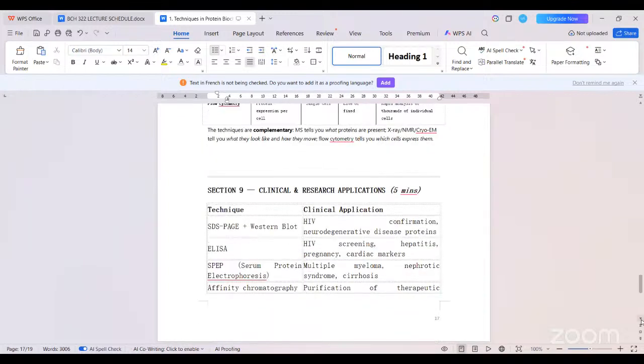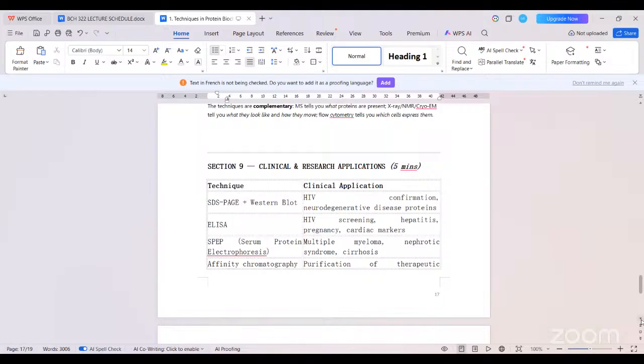precision. Now, how are these techniques applicable to our day-to-day life? Why are we disturbing ourselves about protein separation techniques in protein biochemistry? Number one is based on these principles that patients get treated.